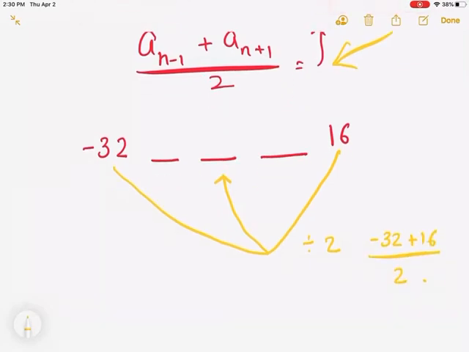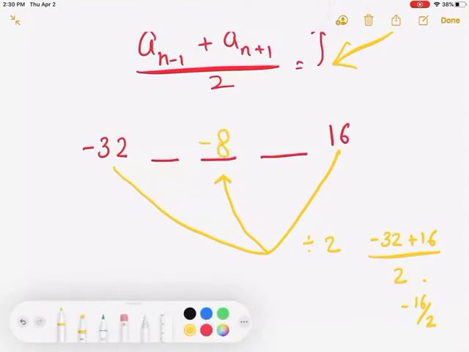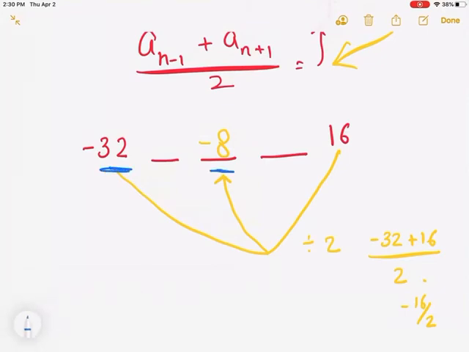Negative 32 added to 16 is negative 16, divided by 2 is negative 8. So the exact middle term is negative 8. Now this is just like a normal average problem. I have these 2 terms, and if I add these 2 and divide by 2, it gives me the middle term. So negative 32 added to negative 8, divided by 2, is negative 20.